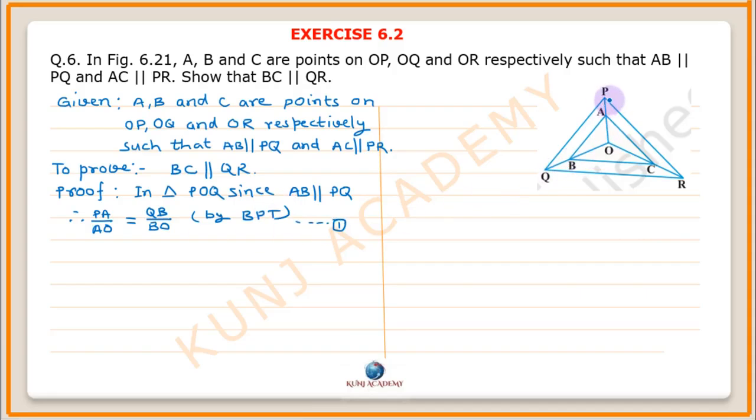Now in triangle POR, since AC is parallel to PR, therefore PA upon AO is equal to RC upon CO.